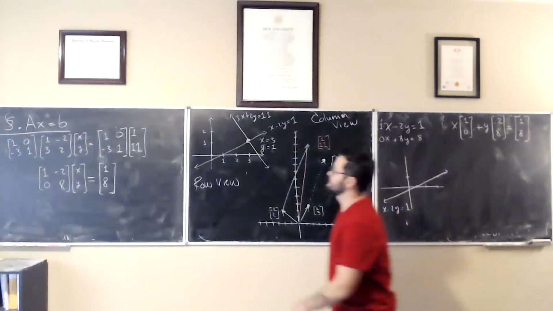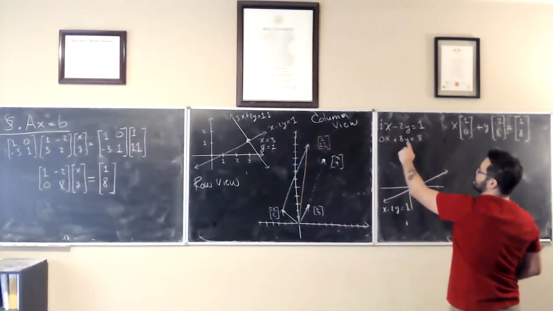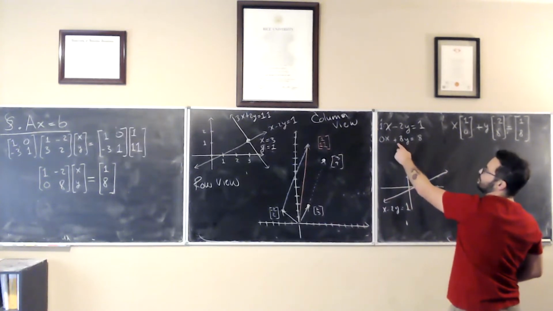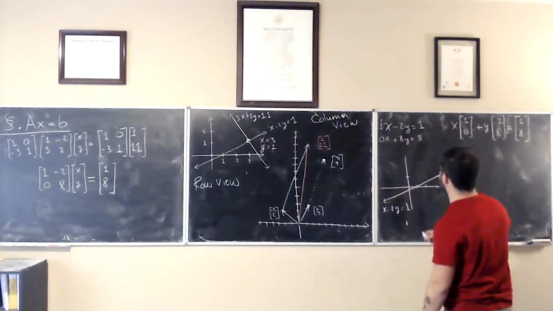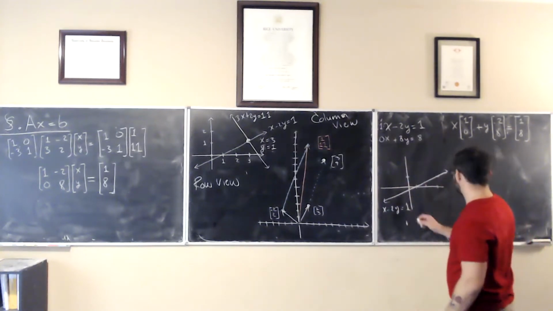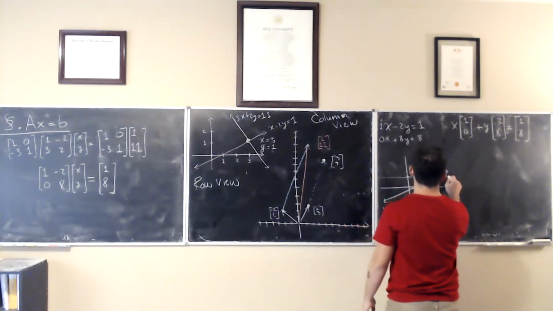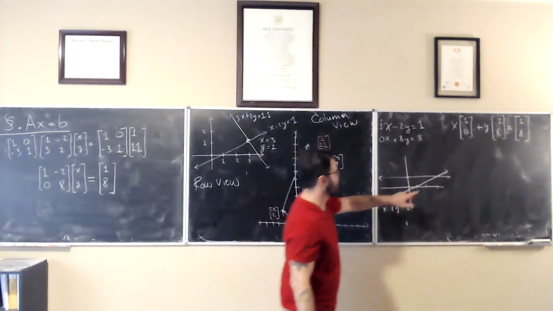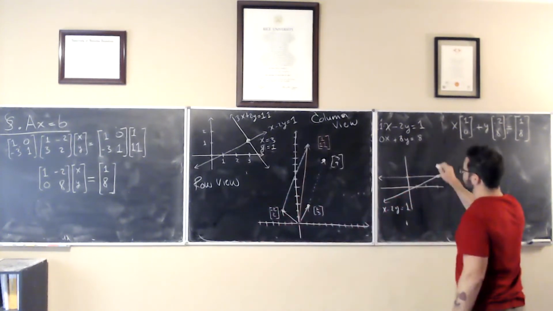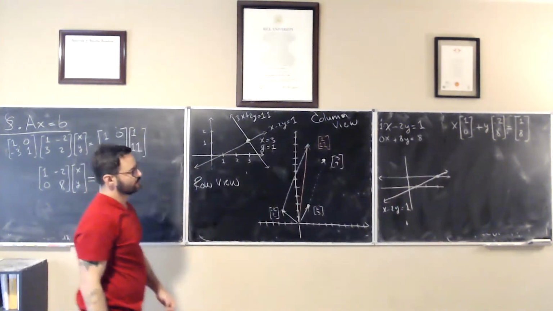But now what is the second line? It's just y is equal to 1, right? Or 8y is equal to 8. That's the same thing as saying y is equal to 1, so that's this line. So we still see that they intersect at the same point, y equals 1, x equals 3.